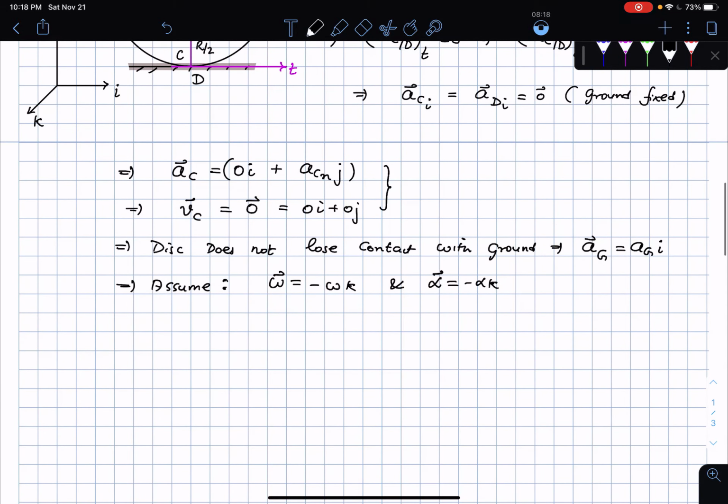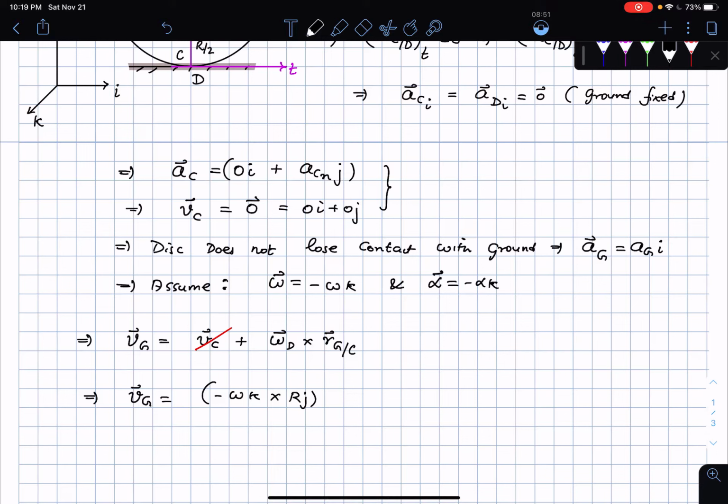Then all I have to do is write down the velocity expressions and so on. This is also regular stuff. We have done this in many problems before. I can say that velocity of point G is going to be velocity of point C plus omega of the disk crossed with R from C to G. If I do the substitutions, of course velocity of C is 0, so I can cancel that off, and this is going to be minus omega in the K direction crossed with capital R in the J direction.